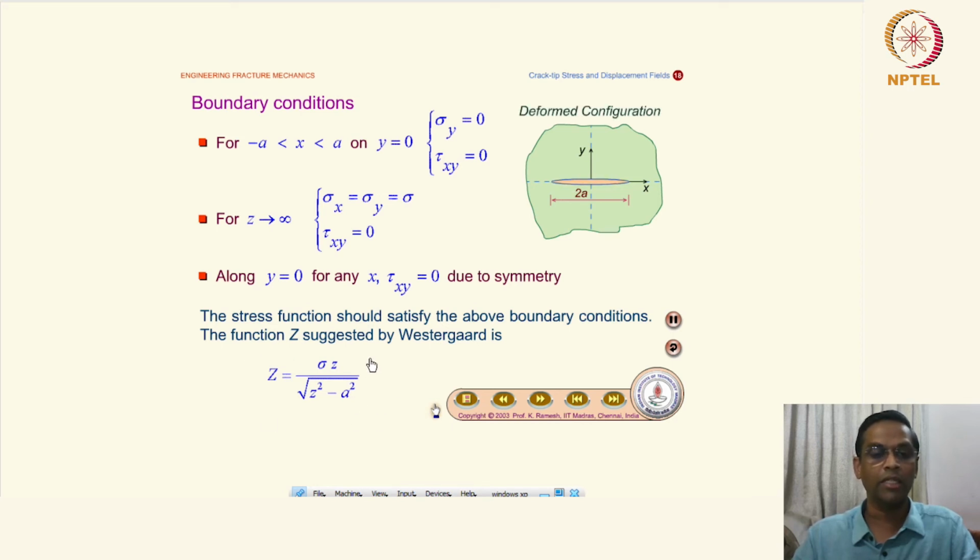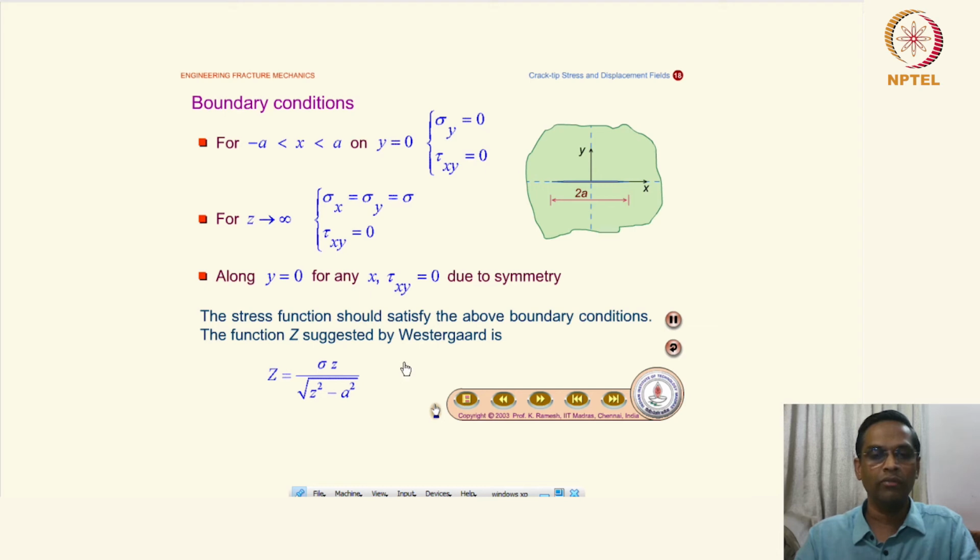In fact, this stress function is going to remain for all modes of failure, mode 1, mode 2, mode 3. We will completely see the derivation at least for mode 1. Then we can just mention how the second and third equations will look.